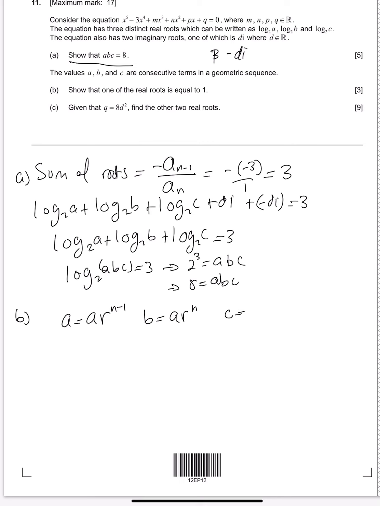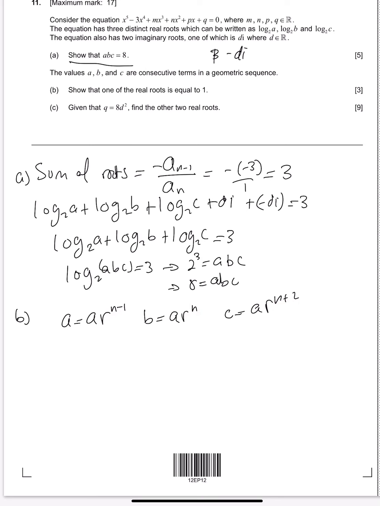This should work for any n you choose as long as the powers are consecutive. If you wanted to start at n plus 3, whatever you wanted to choose, as long as these powers are consecutive, it'll work.